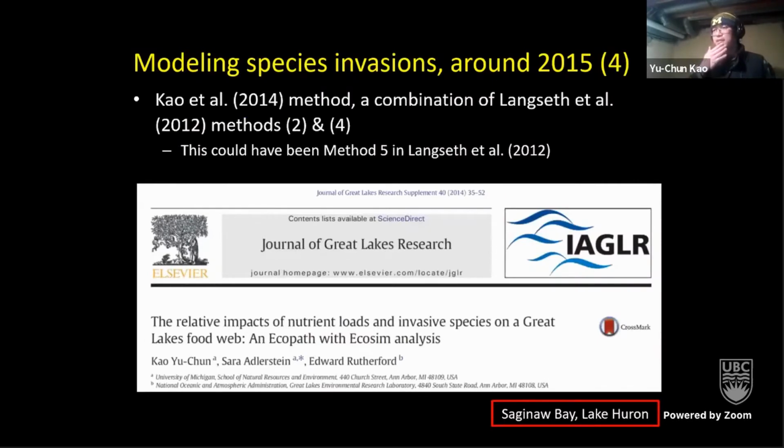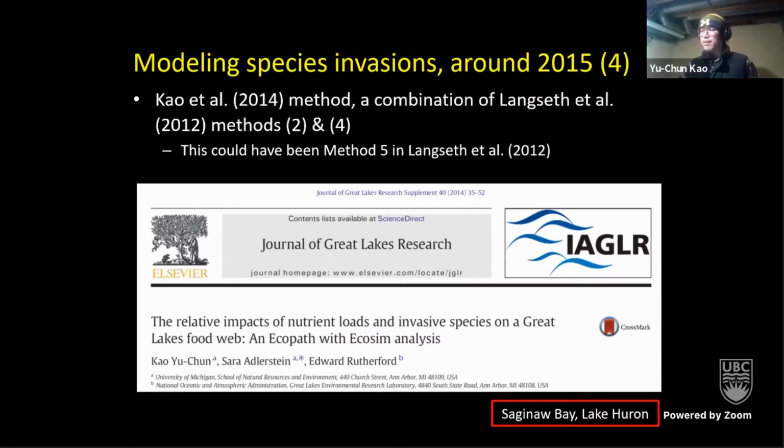There is another method proposed by myself. It is a combination of Lanthes methods 2 and 4. This could have been method 5 in the Lanthes et al. paper if I could have joined that project at the beginning of 2011.